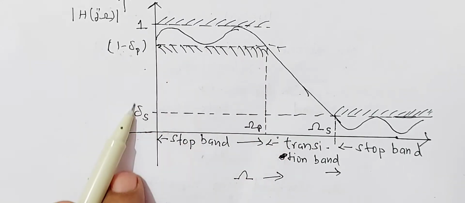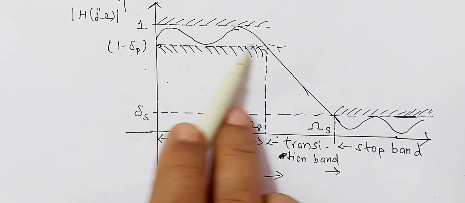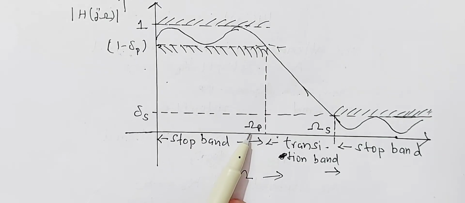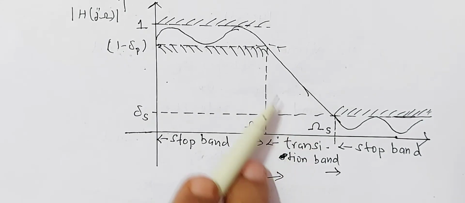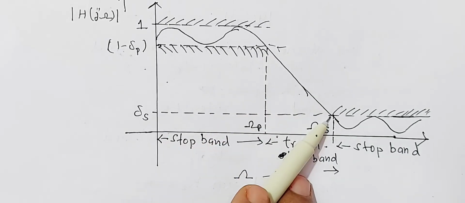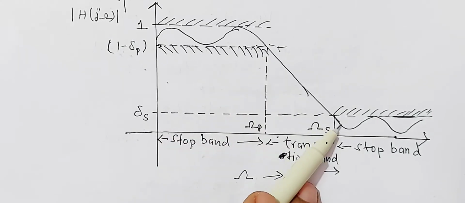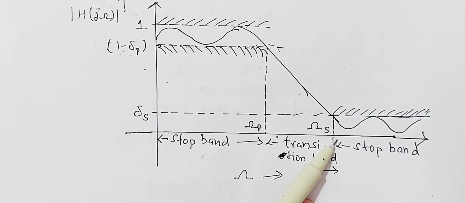From here to here, this frequency output is passed. Therefore, this state is called pass band, in which omega p represents the pass band edge frequency. After the pass band edge frequency, it decreases monotonically, so the output voltage or magnitude decreases monotonically up to a certain value omega s.